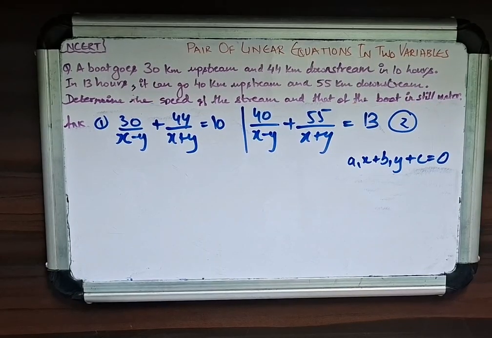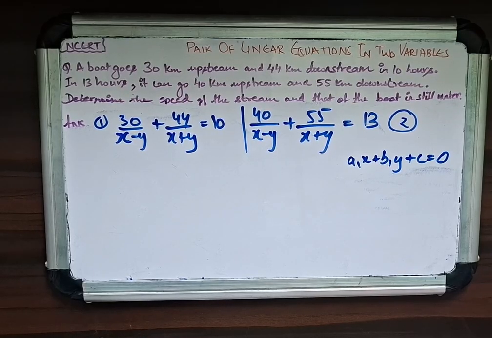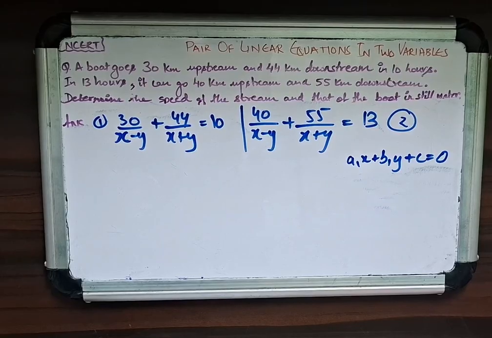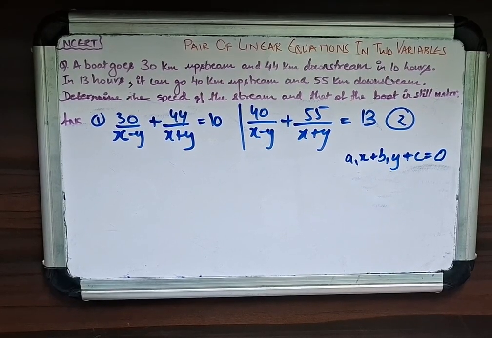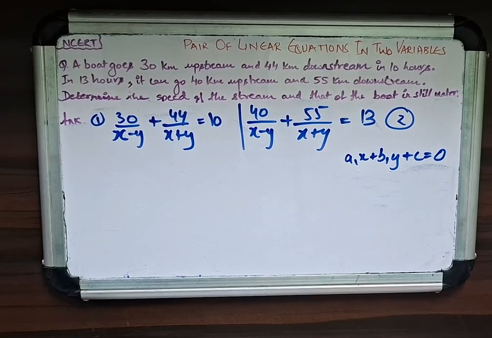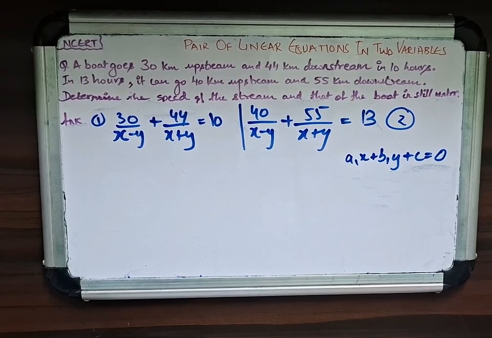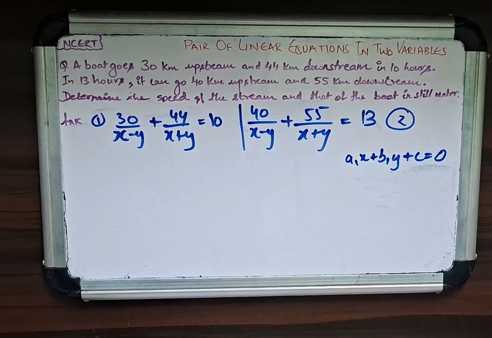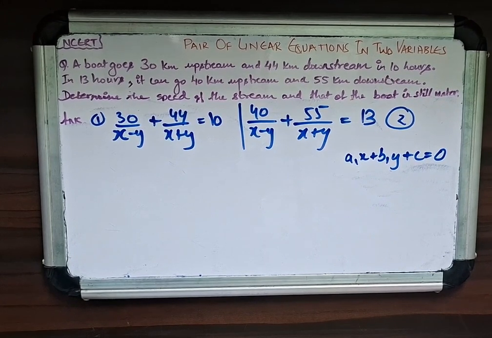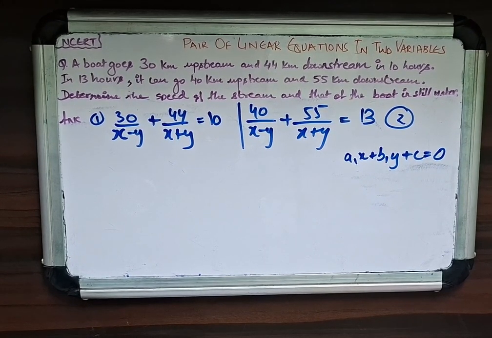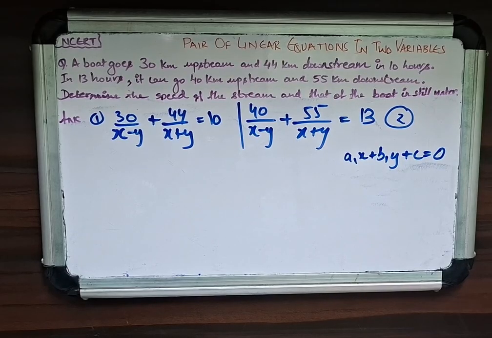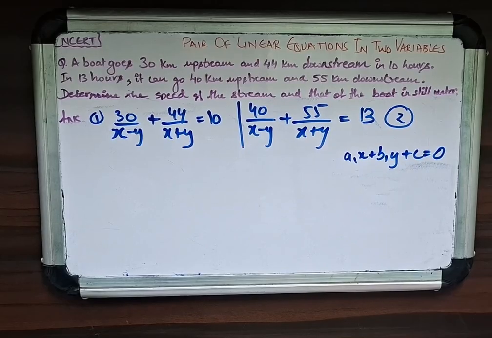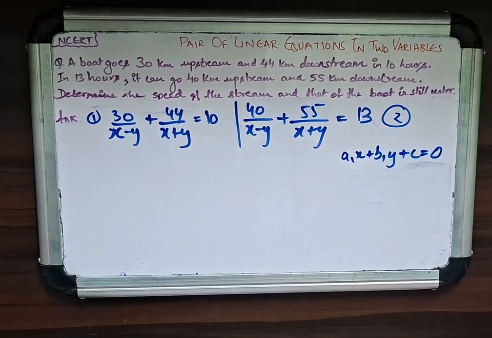Final twist to the question, a small substitution will convert these two equations into a pair of linear equations of the form a1x plus b1y plus c is equal to 0 that we usually come across and help us reach the solution quickly.